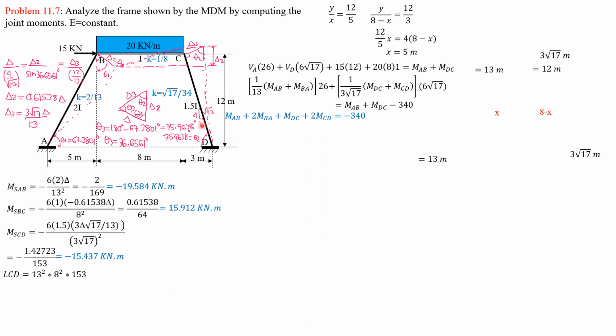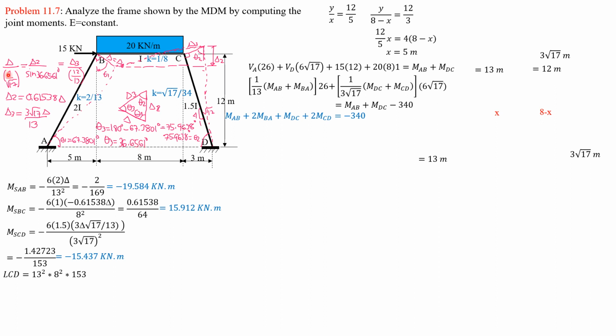And therefore, theta 3 is 180 degrees minus 67.3801 degrees, which is theta 1, minus theta 2, 75.9638 degrees. So theta 3 is 36.6561 degrees.